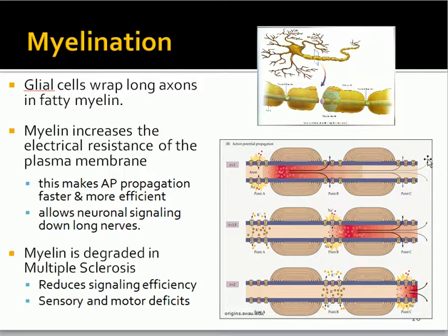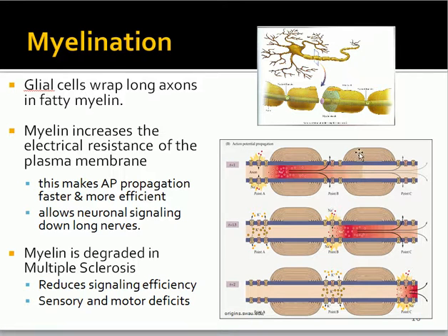We don't want slow action potentials that might just burn out if we need to get information from our brain down the spinal cord to our legs. So one of the problems in multiple sclerosis, and you're not going to be tested on this right now, but it's an interesting example of why we need myelin. Multiple sclerosis is an autoimmune disease in which myelin gets attacked.